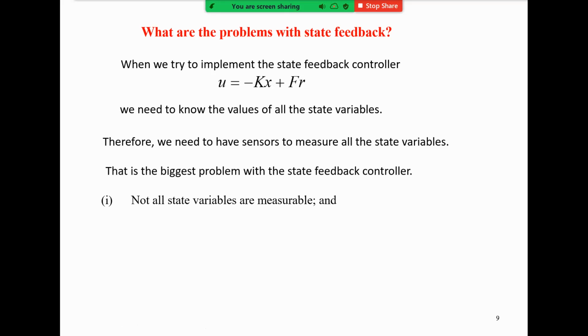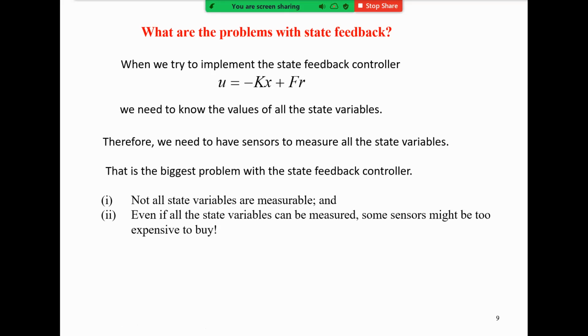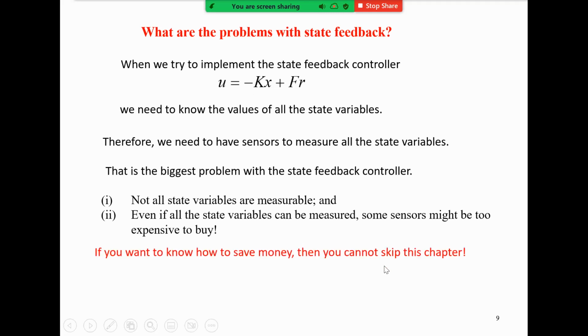And even if all the state variables can be measured, probably you don't have the budget to buy the sensors to measure some of them. Maybe it's too expensive to measure. So the state estimation we're going to talk about today is about how we save money. We don't need to measure all the state variables.